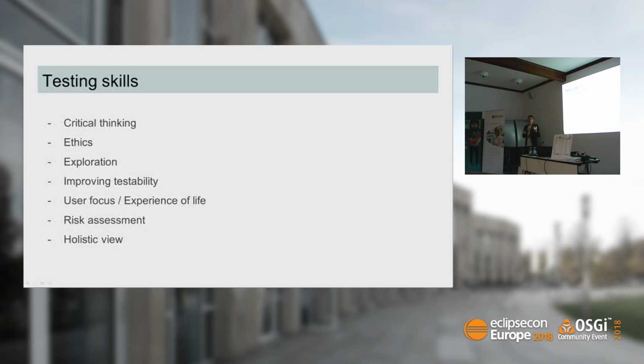But if your team is building those devices, you can influence them and say, okay, can we add logging? Can we add monitoring? Can we add hidden interfaces that I can use to drive my testing? But as testers, we're the experts. We know what we need. We just have to convince other people to help us get that.